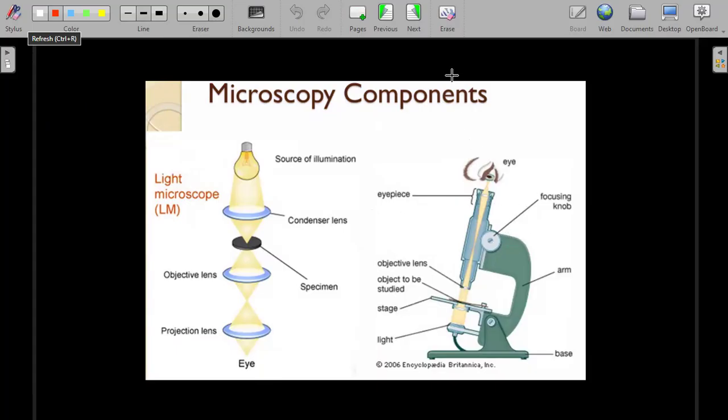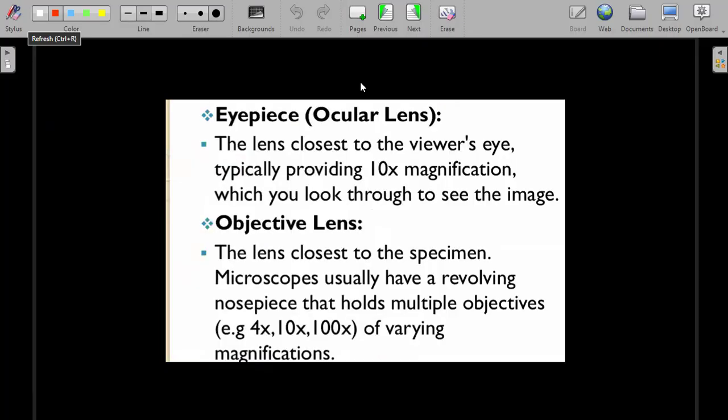Then we're going to run through some of the functions of these parts of the microscope. One of the parts is the eyepiece. What's the function of the eyepiece from your secondary school? What did you learn? What's the function of your eyepiece?